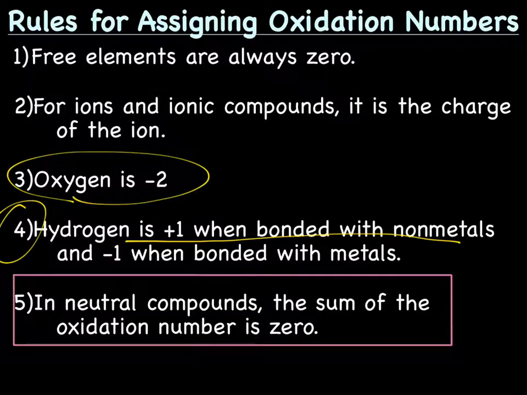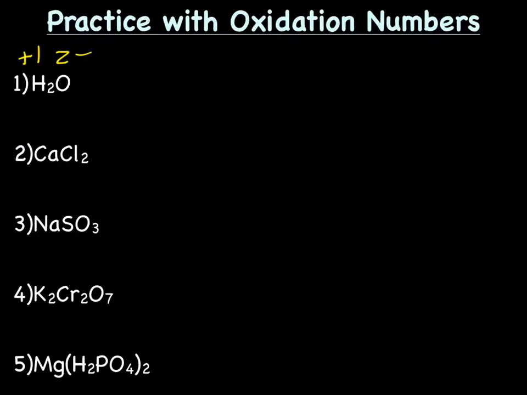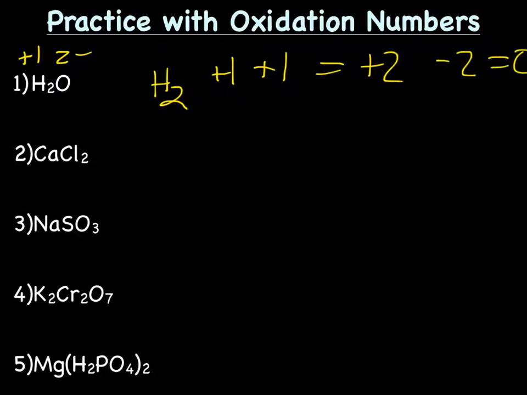So now what we need to do, this +1 here is for each H. But how many H's do we have? We have H2, which means we have 2 H's. Each H is +1, which means our overall oxidation number for our H's is +2, and our O is -2. So we did this correctly. That comes up to equal 0.